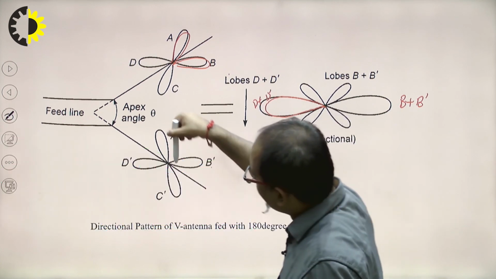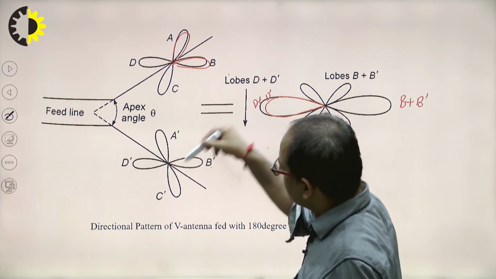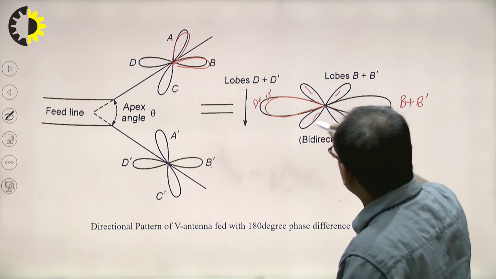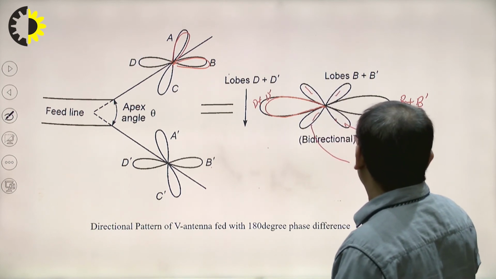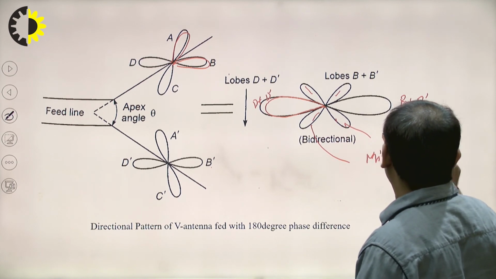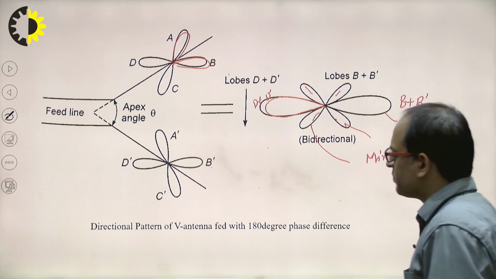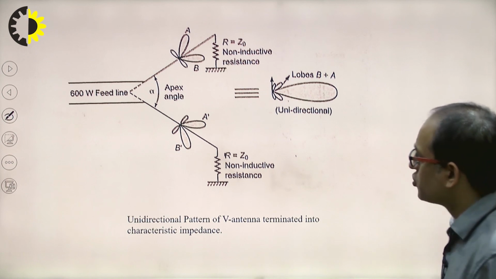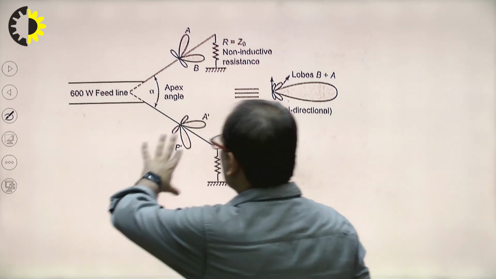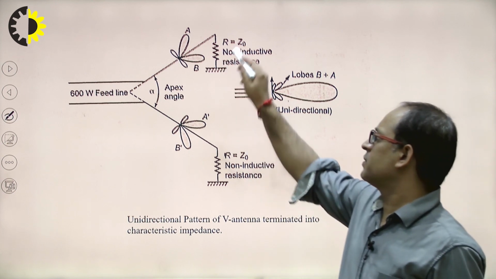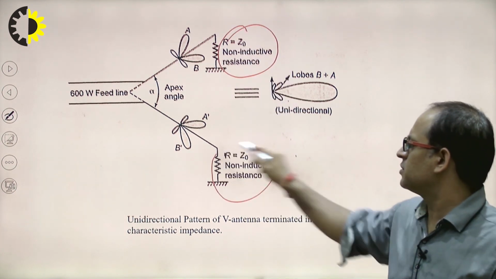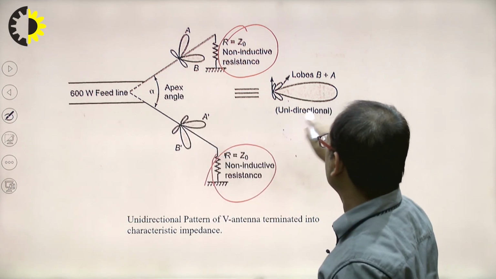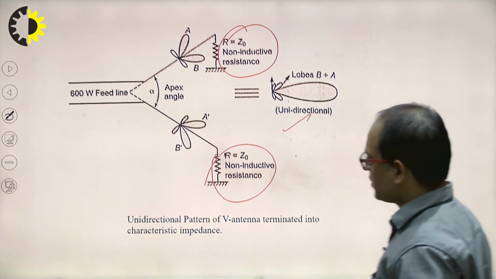And the A dash direction is in this direction, A is in this direction, C is in this, and C dash in this. So overall you will get this. These are the minor lobes and this is the major lobe. So what will the overall radiation pattern be? Bidirectional. Clear? So if I want to convert this V-shaped pattern into a unidirectional one, we just put the impedance matching at this end. When I put the impedance matching here, the overall radiation pattern will be unidirectional. Clear?